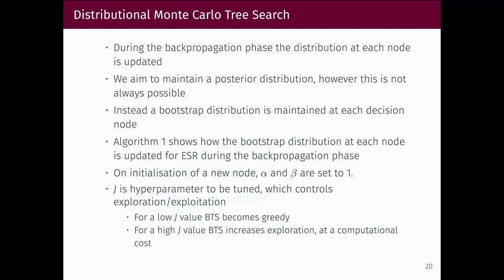And then it's important to note that on the initialization of a new node, alpha and beta for that node are set to n, and that's for each Bootstrap replicate. Again, j is a hyperparameter to be tuned, which controls the exploration and exploitation, as I've already mentioned. And again, here we'll see that with low j, BTS can become greedy, while high j will increase exploration, but at a computational cost.